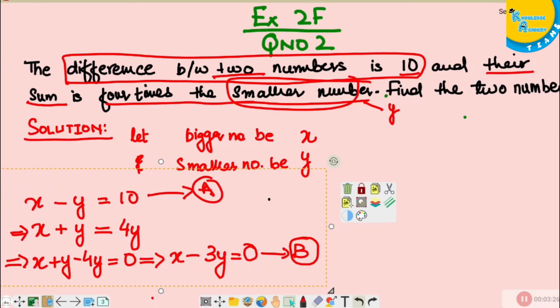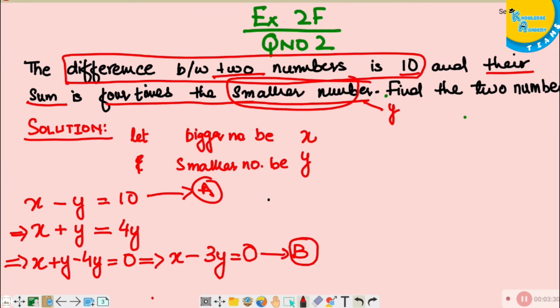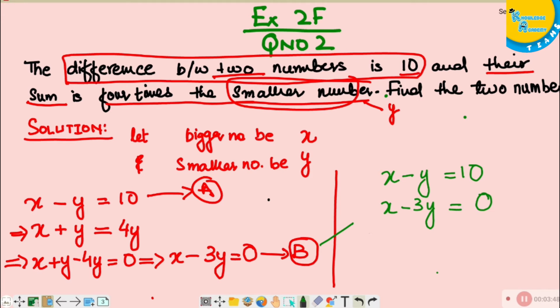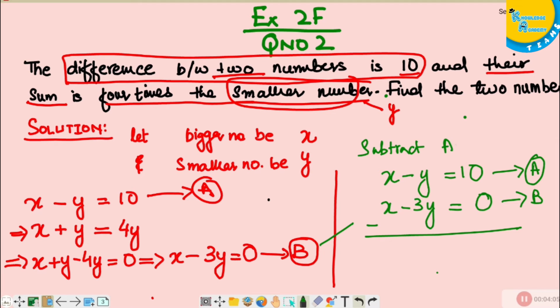Let's solve the simultaneous equations now. I'm going to write down x minus y is equal to 10, and x minus 3y is equal to 0. What am I going to do? I will eliminate x. So just simply, I will subtract A and B. Y is equal to 5.